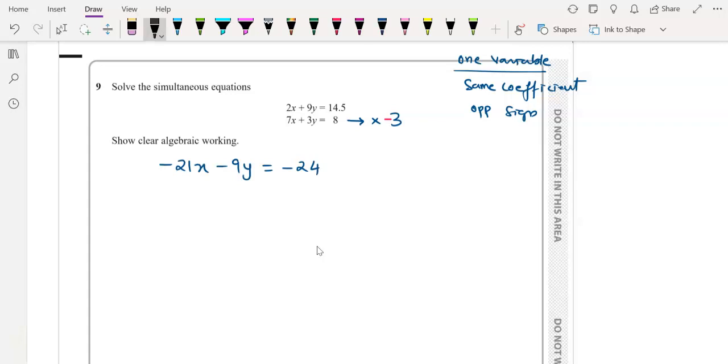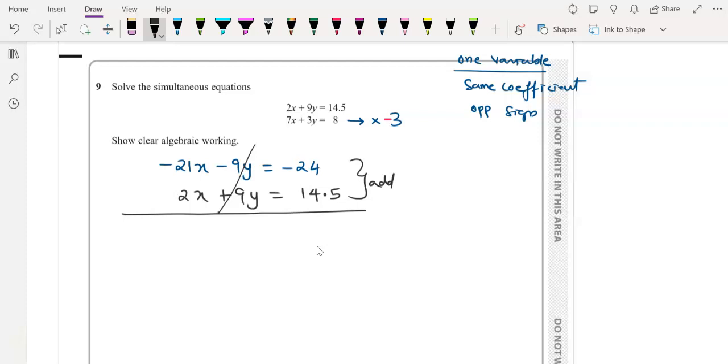Copy the first equation below this: 2x plus 9y equals 14.5. Now the variables have the same coefficient and different signs, so simply add, and plus 9y minus 9y will cancel.